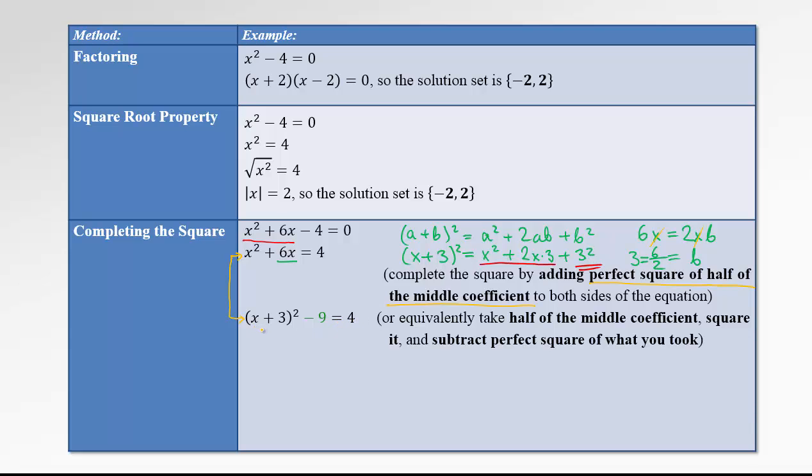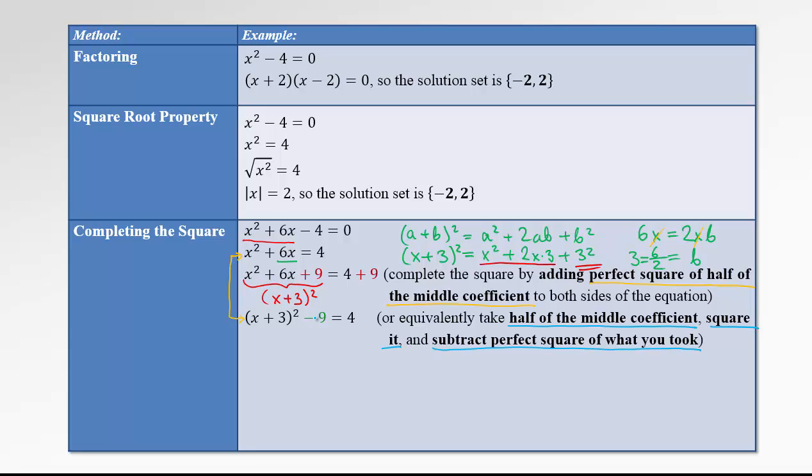So again, this rule works as follows. Take half of the middle coefficient, square it, and then subtract perfect square of the number that you took. So you can complete the square using this method or using that method. Either one is fine. Personally, I prefer the second one, but quite often in textbooks you will find the first one.